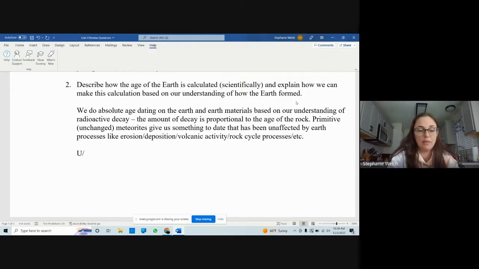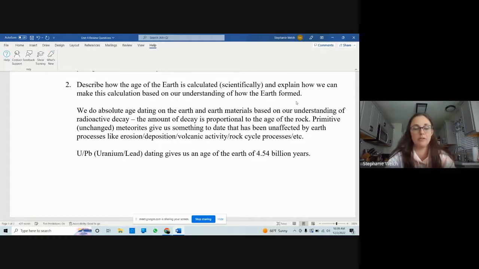So uranium-lead gives us an age of the Earth of 4.54 billion years. And that's given the proportion of the original radioactive starting material, uranium, to its eventual decay product, lead.